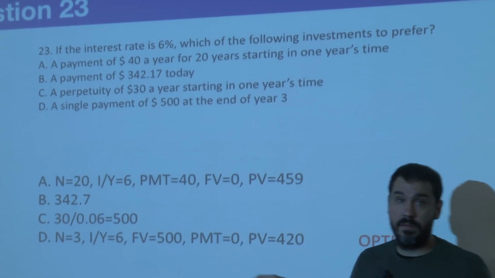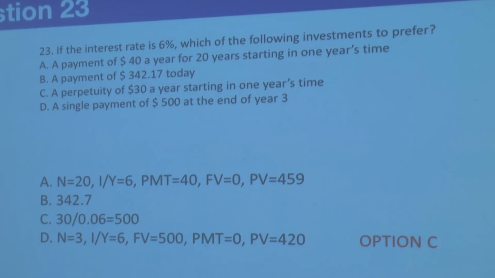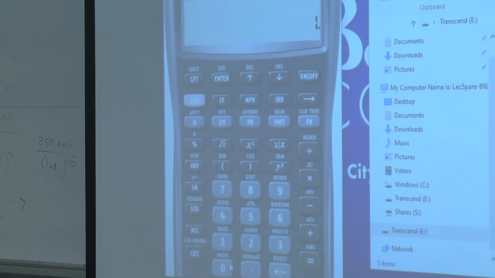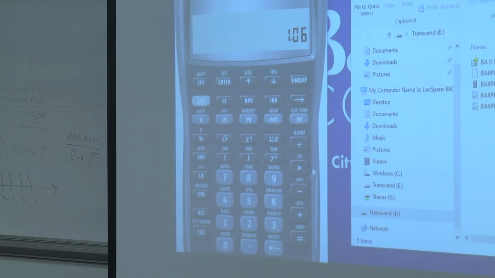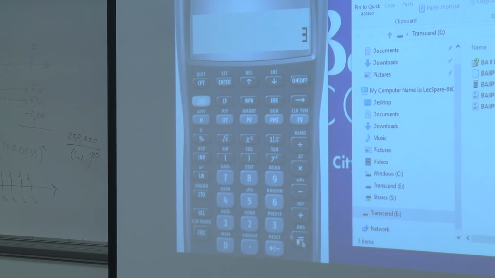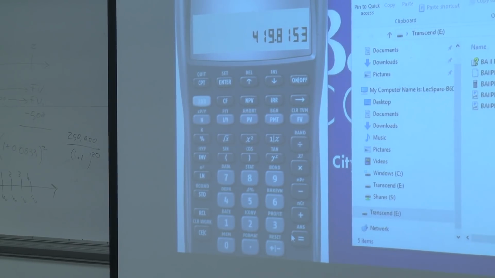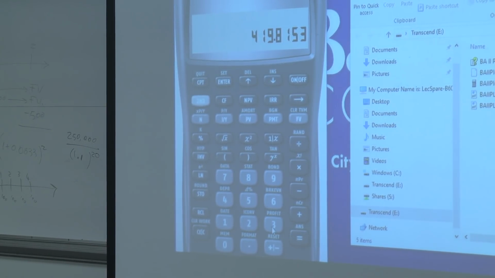This is the same as discounting it by 3 periods: you divide 500 by 1.06 to the power of 3. You don't need the time value of money function on the calculator if it's just one discounting.